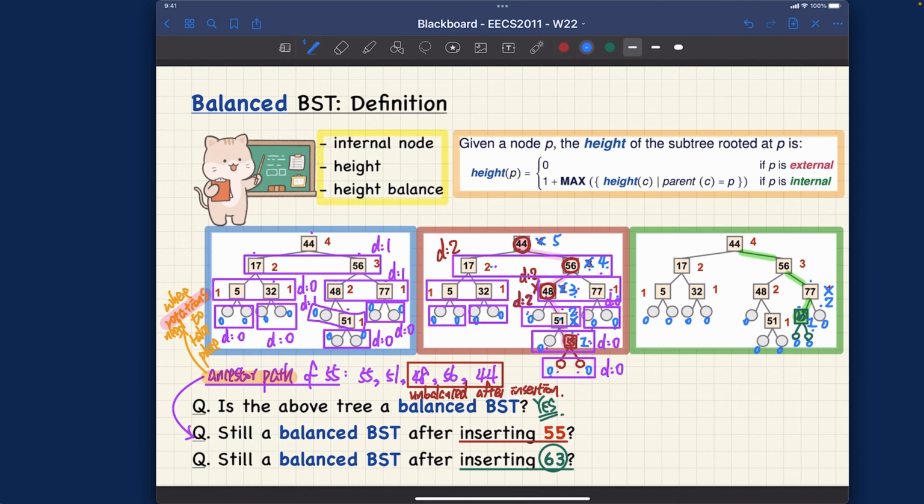I can let you do that complete exercise yourself, but let me just focus more on the ancestor path for the node that's being inserted. You can see this part over here. This will be the node that's being inserted over here. The difference for its child node's height will be simply 0, right? What about this node over here, its parent? In that case, if you try to look at these two, right, one will be 63, the other one, the external node, the difference is 1, which is still acceptable, right?